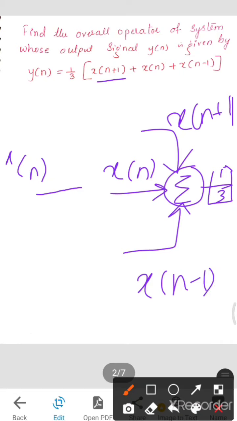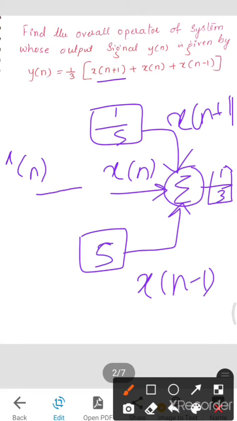You know how to take x of n plus 1. What is that? It should be 1 by s, right? x of n minus 1 is nothing but that signal passed through the operation s. Okay, x of n you have directly, you can add it. So this x of n has to undergo this operation, and this same signal has to undergo this operation.